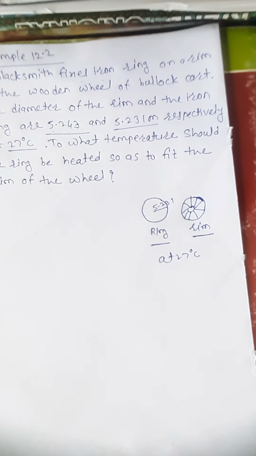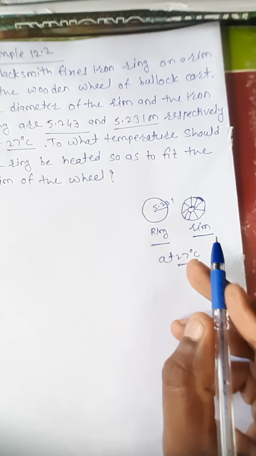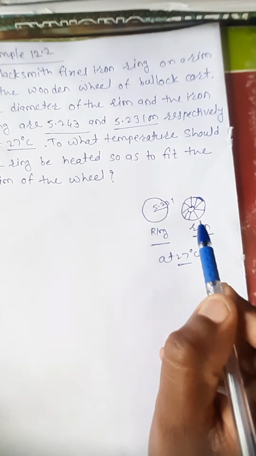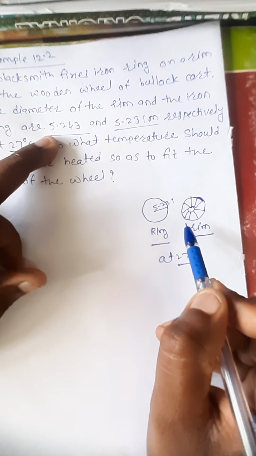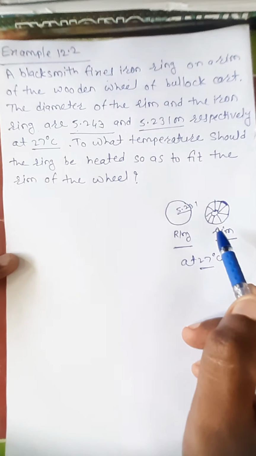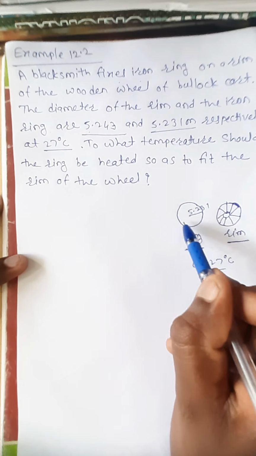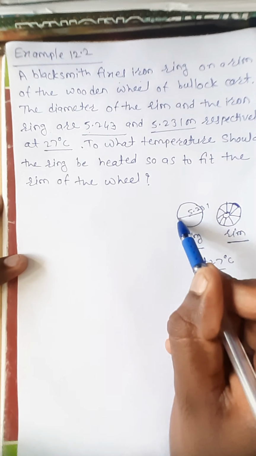Initially at 27 degrees Celsius, the ring is 5.231 meters and the rim is 5.243 meters.